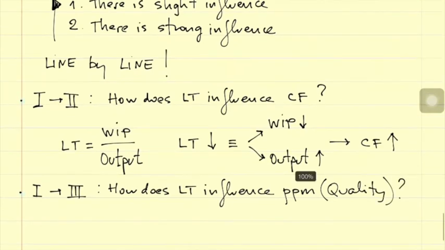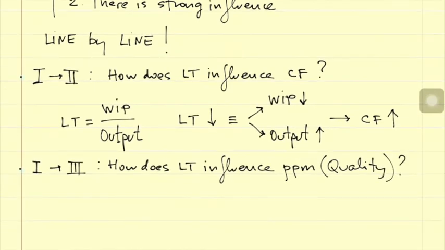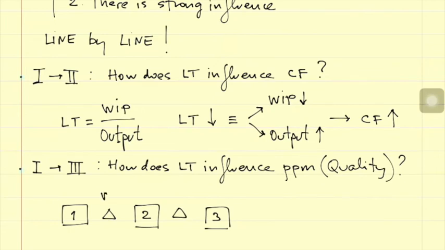And this argument is also very important. If we have a process, let's say a process step 1 delivering to a process step 2, delivering to a process step 3, and we have inventory in the middle, WIP and WIP.